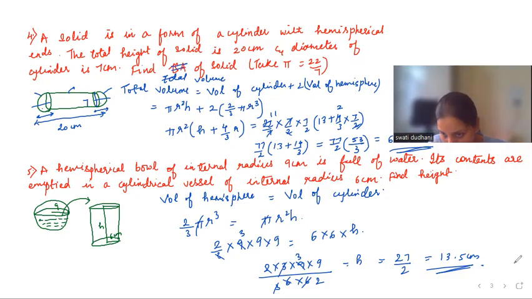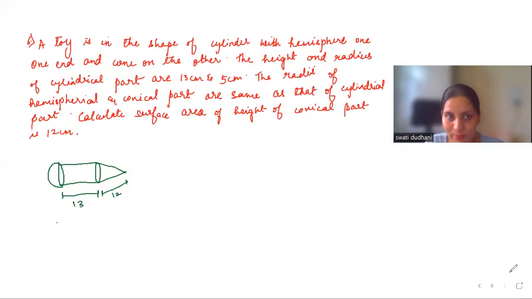So now the next and last question. Yes, this has come multiple times. A toy is in the shape of a cylinder with a hemisphere at one end and a cone on the other. Here we have a cylindrical shape with a cone on one end and a hemisphere on the other. The height and radius of the cylindrical part are 13 and 5.